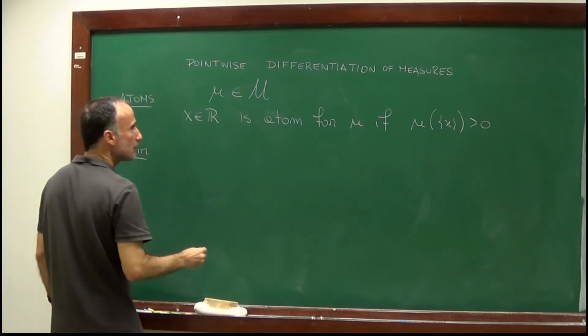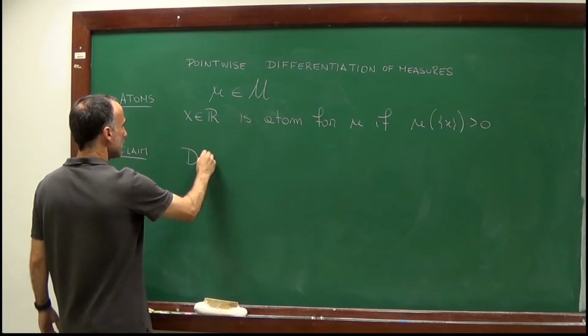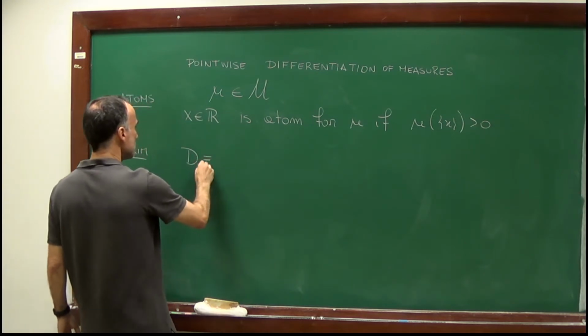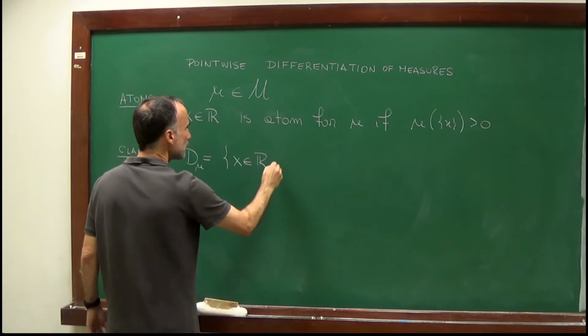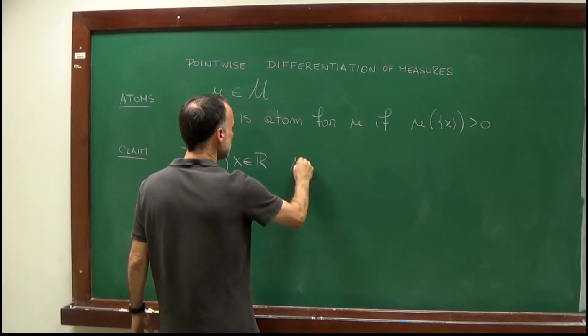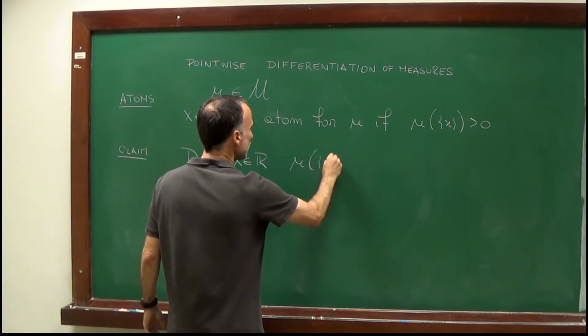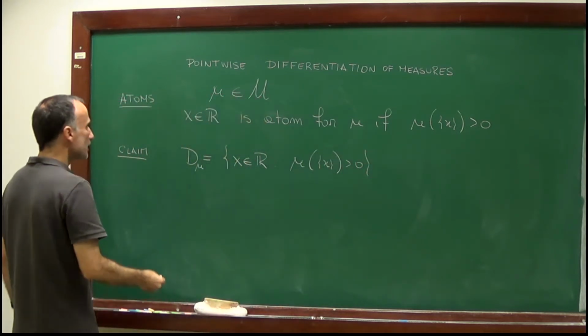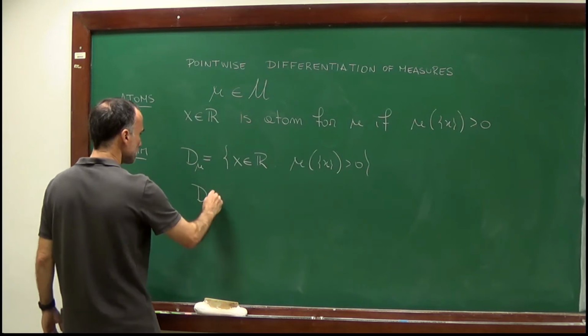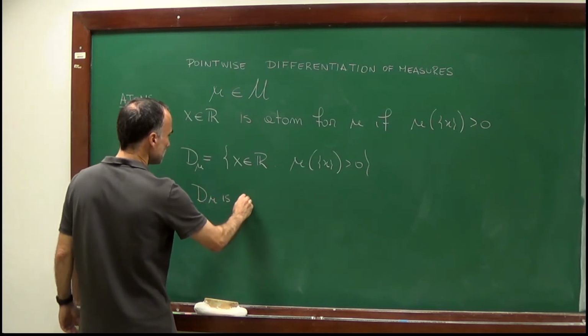Let me represent by D(mu) the set of all atoms, the set of all points x in R which are atoms for mu, so the points for which mu of {x} is really positive. And what I claim is that D(mu) is countable.